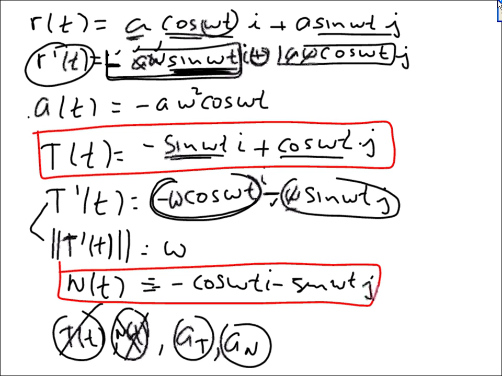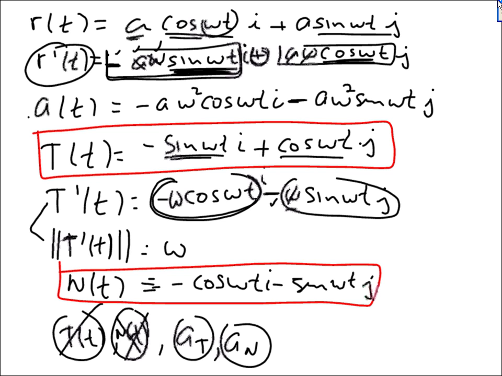Plus, and that's in the i direction, plus it's going to be plus a negative, which is just a negative a omega. The derivative of the cosine omega t is negative the sine of omega t times omega. And that's in the j direction.